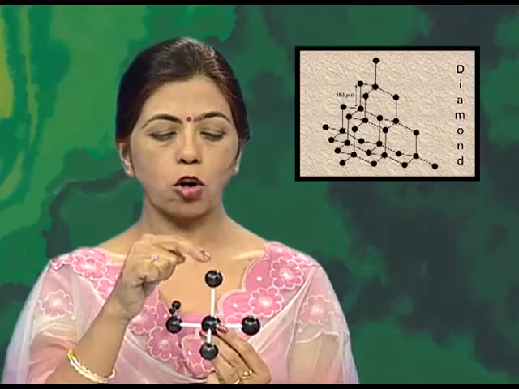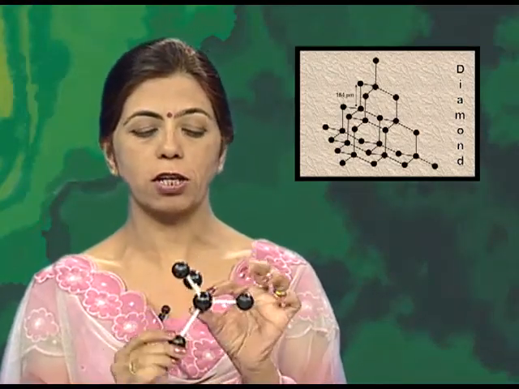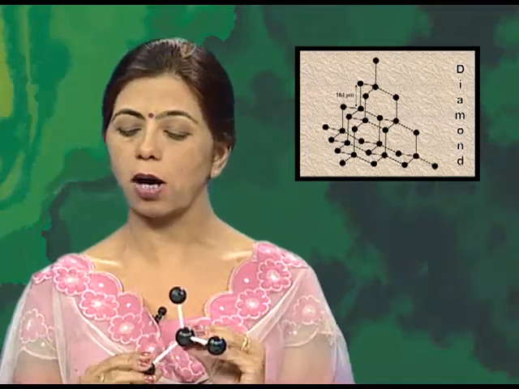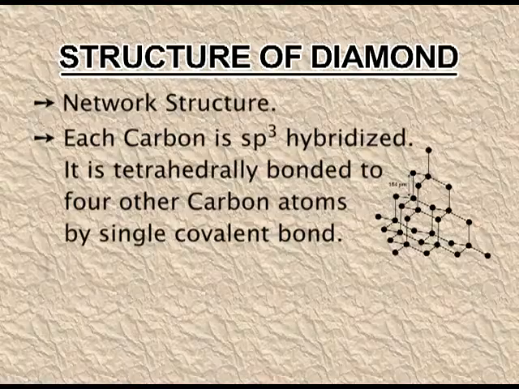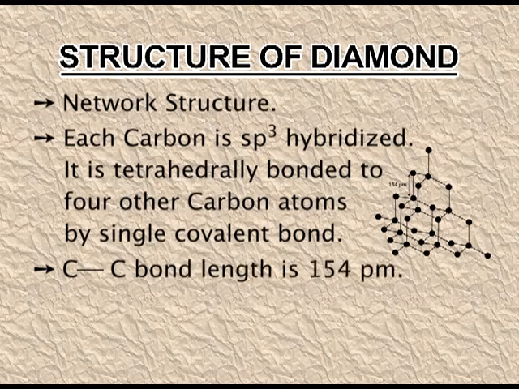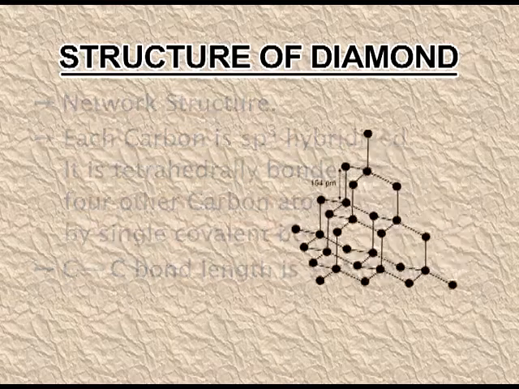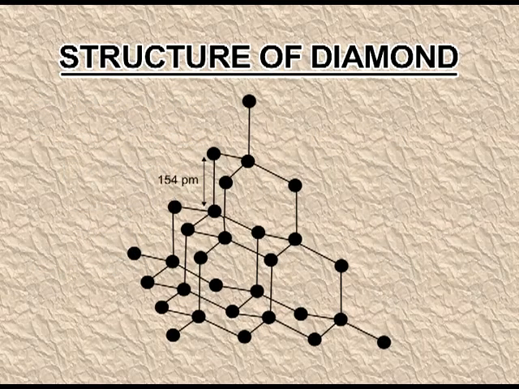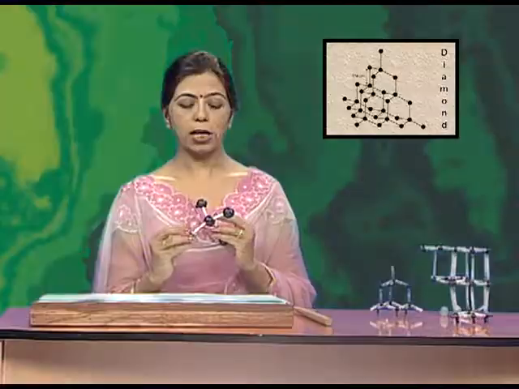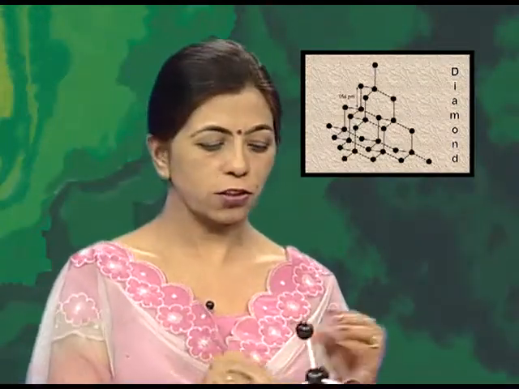And at the corners of the regular tetrahedron there are other 4 carbons. This carbon-carbon bond length is 154 picometer, and this unit is the repeating unit. It repeats itself in the 3-dimensional space and we get a strong network covalent structure of the diamond.